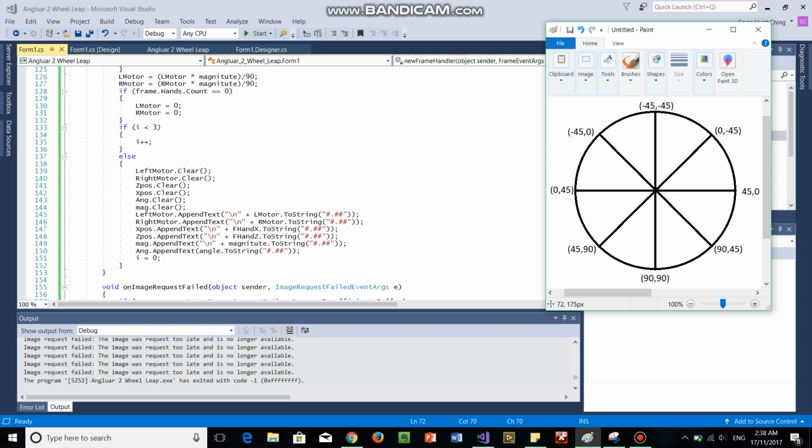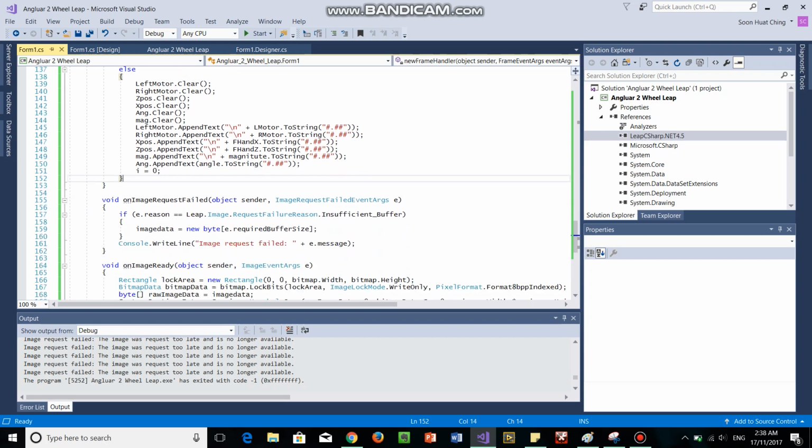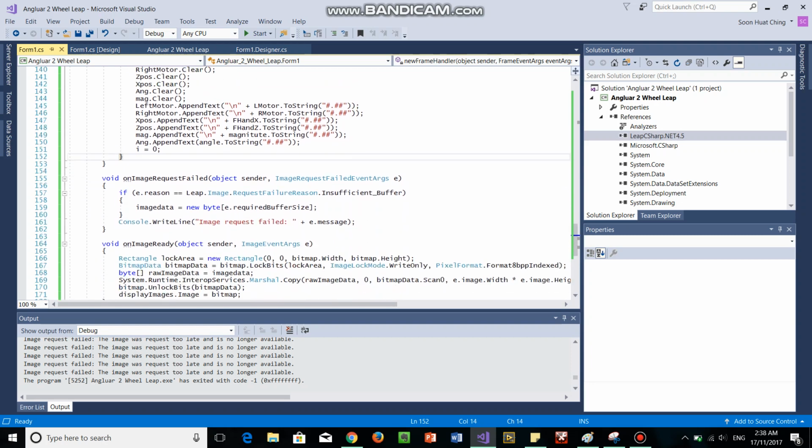After that, if no hands are detected, both of the motors will come to a complete stop. And this is just to output the remaining values. You can change these output values to any serial port and any serial monitor that you are using. And that is it. I hope you enjoy the video.